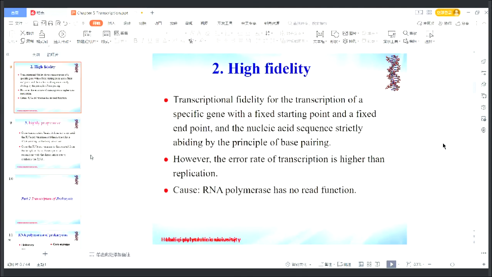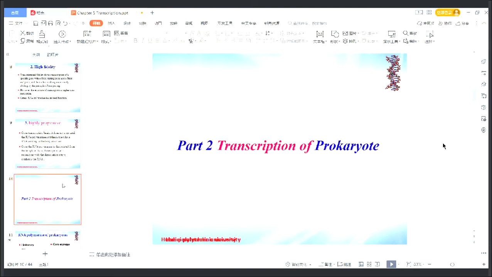For this part, I have summarized and introduced the properties of transcription compared with replication. Study this part, and then rest 10 minutes, and we continue to study the process.